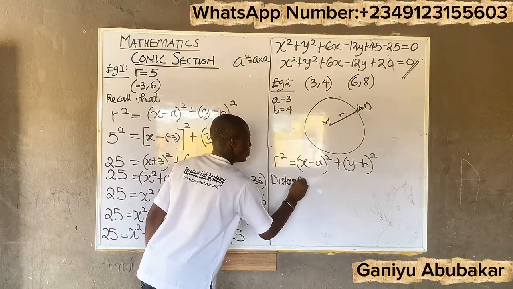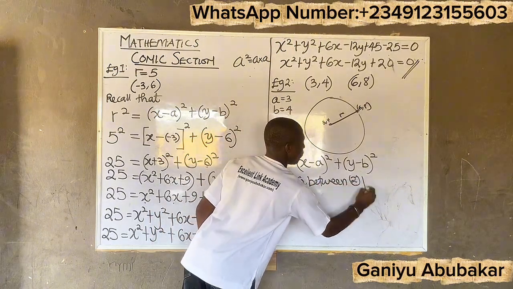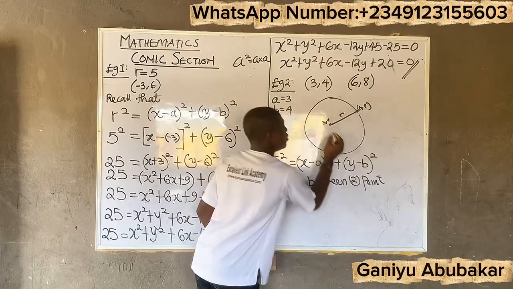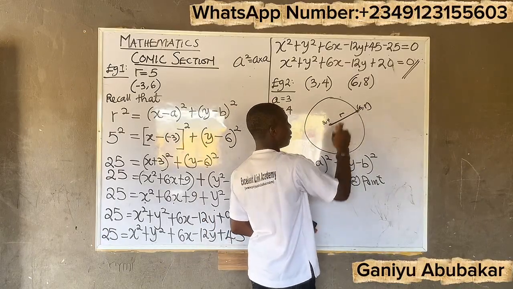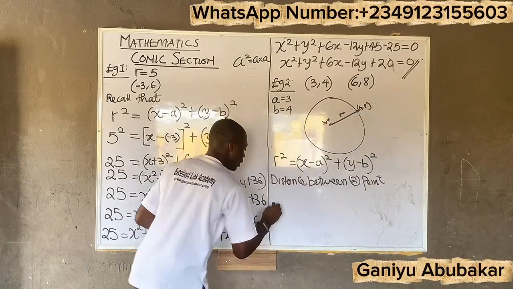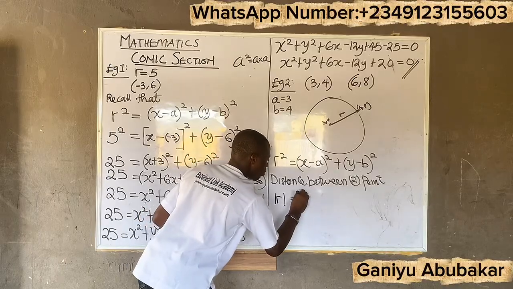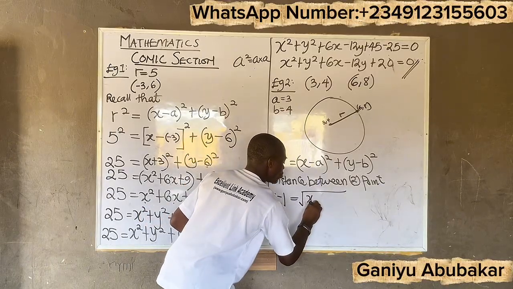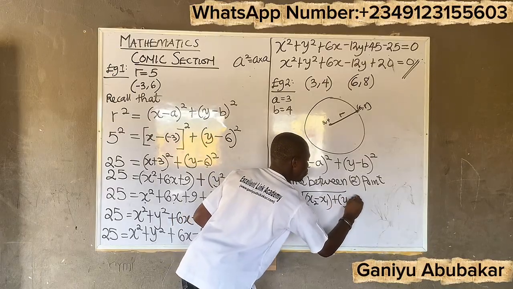I want to get the distance between the two of them. What do I do? It's simple. This distance is r, so r is equal to the square root of x2 minus x1 all squared plus y2 minus y1 all squared.